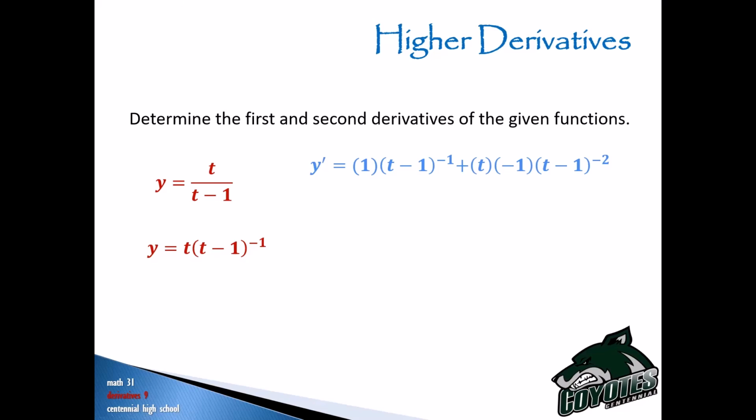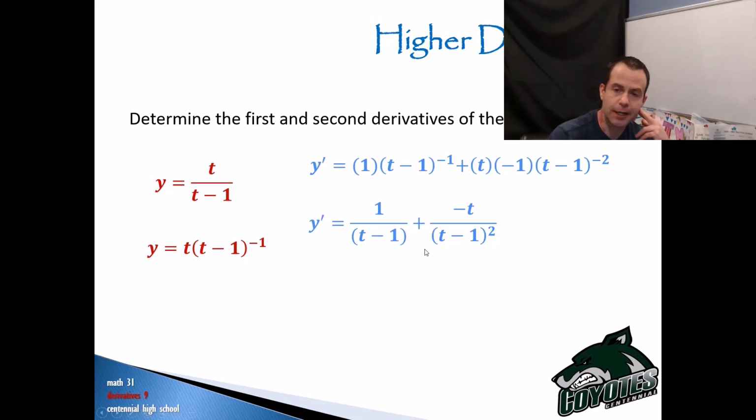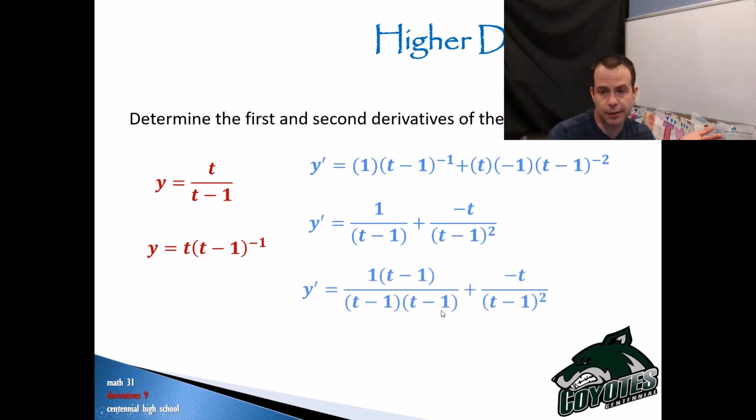Okay, so now I'm going to clean this up. I don't need that 1 there. This can become negative t. Okay, and then I put it as fractions as well. So I've got 1 over t minus 1 plus negative t over t minus 1 squared. Now I need a common denominator. So what I'm going to do is I'm going to take this first guy, multiply him by t minus 1 over t minus 1.